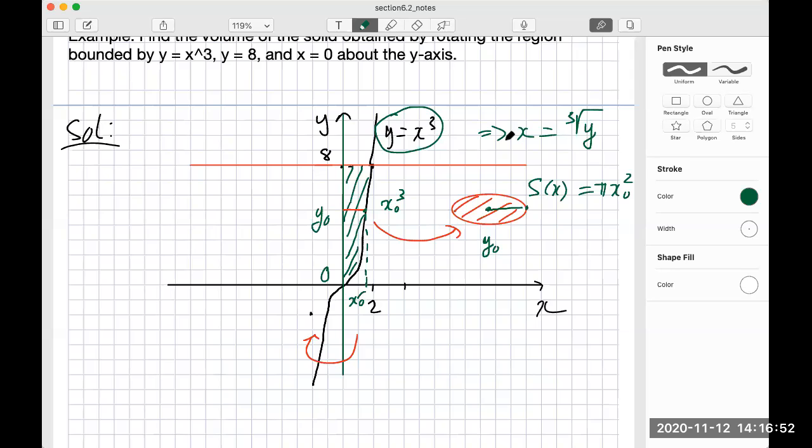And x0 is the cube root of y0, then squared. Is it clear?